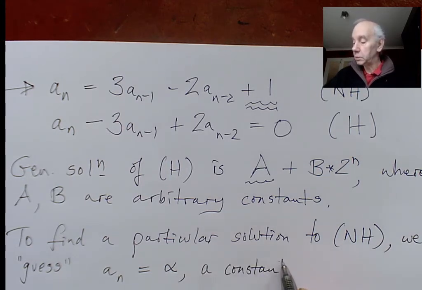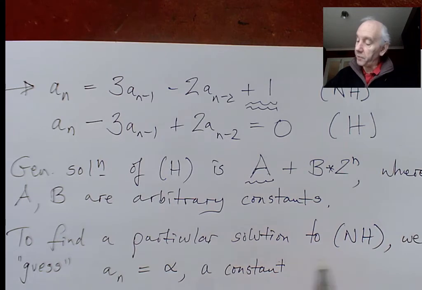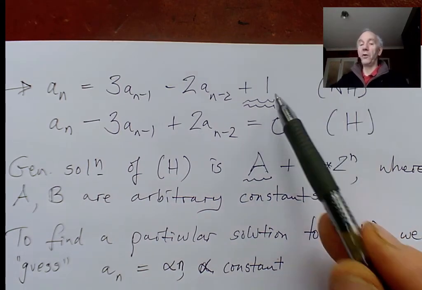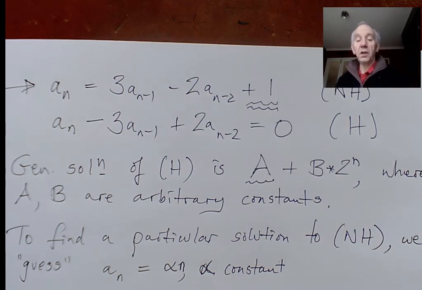So that's what I would have guessed. Alpha is a constant. But I need to put an n in here, because without the n, this would not solve the non-homogeneous equation, because it's already a solution of the homogeneous equation. So we guess a_n is equal to alpha times n, and we substitute that in.